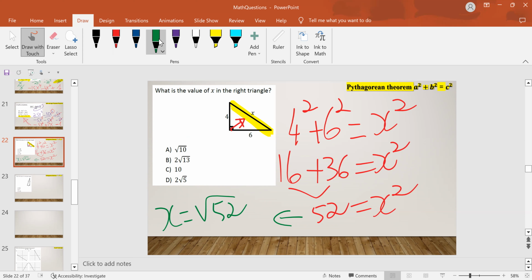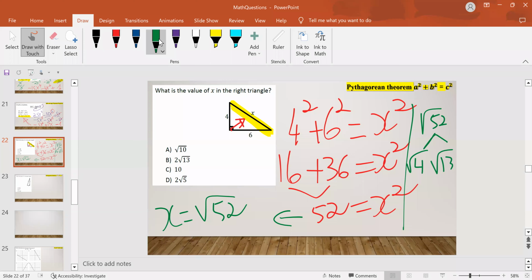That means they break it down. So you have to break down the square root of 52. But the thing is this: can we break down 52 as two numbers multiplied together that give 52, where one of the numbers is a perfect square? Yes, we can do that. So the square root of 52 is the same as the square root of 4 multiplied by the square root of 13.